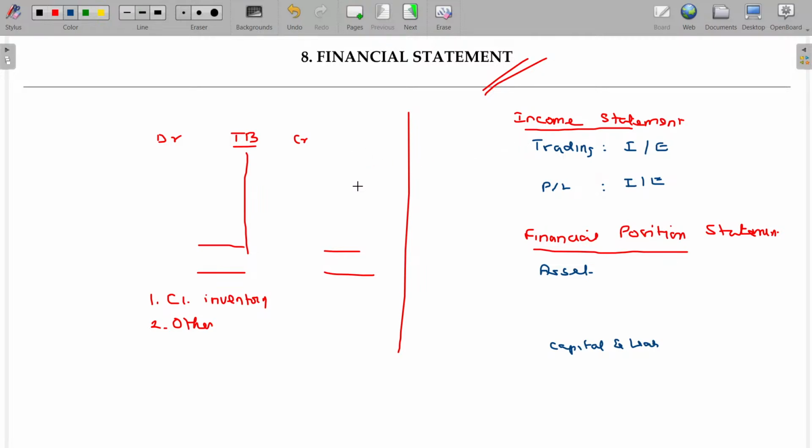It may go to one of the four blocks. Each and every item given here, you can identify whether it will go to the trading income side, trading expenses side, profit and loss income side, profit and loss expenses side, or assets, or capital and liabilities. First identify all these things.